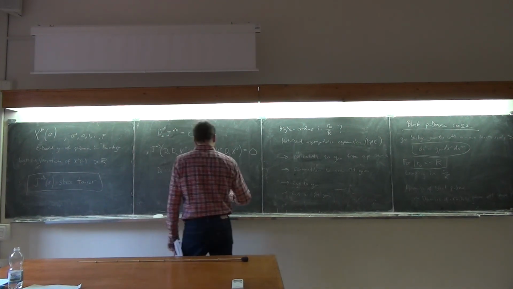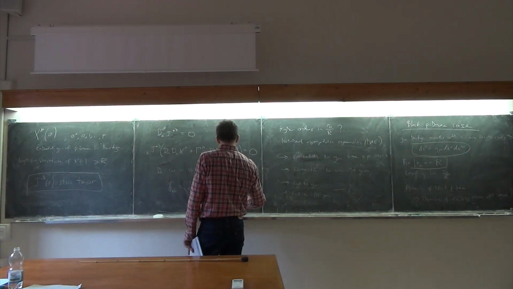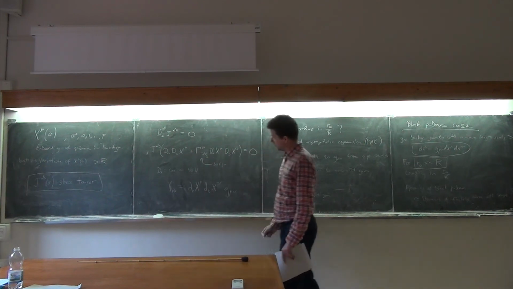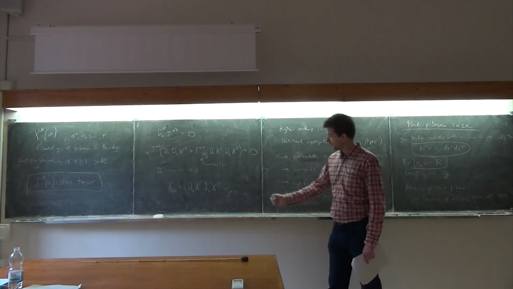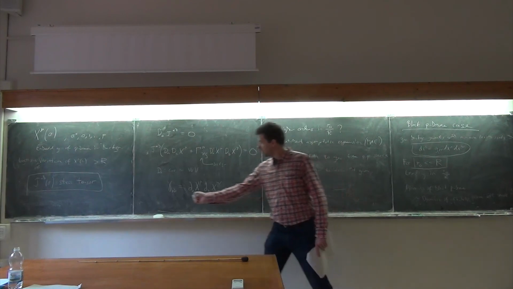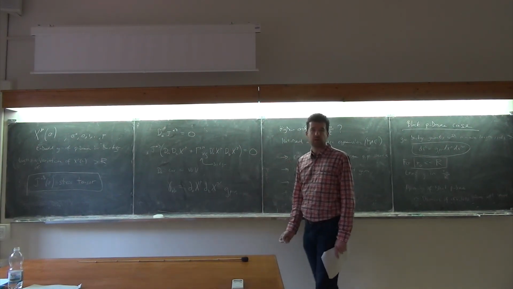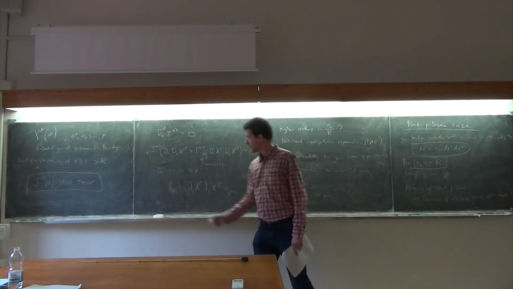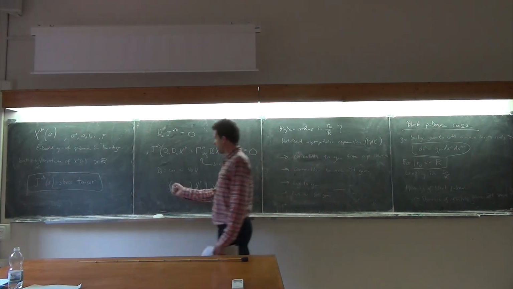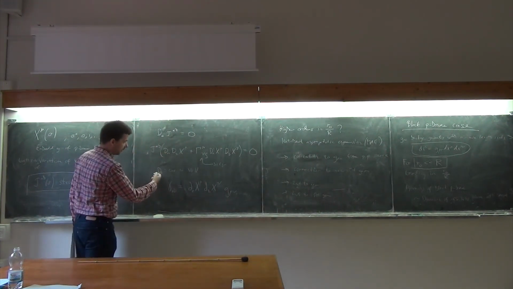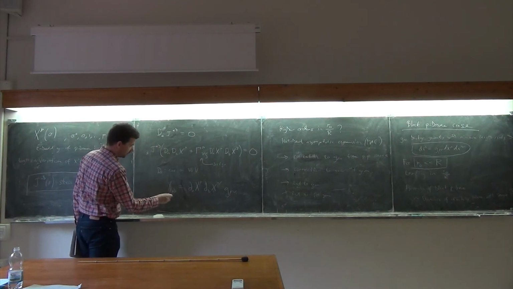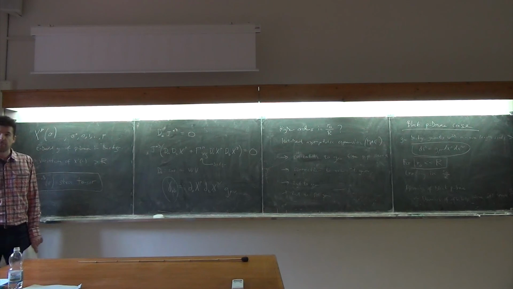And in terms of the embedding and your background geometry, the induced metric on the brane, gamma_AB, looks like that. So this covariant derivative is with respect to this induced metric. Okay.